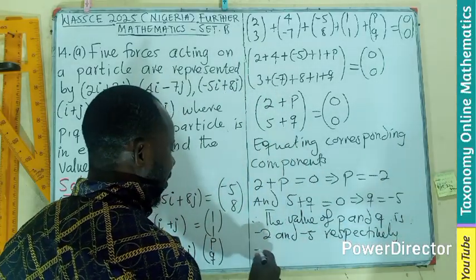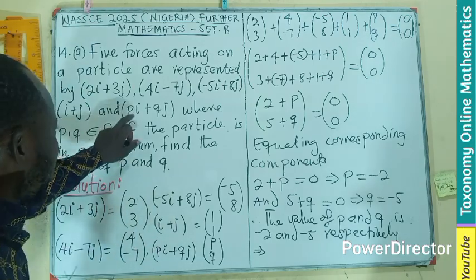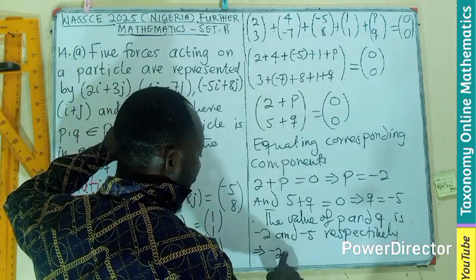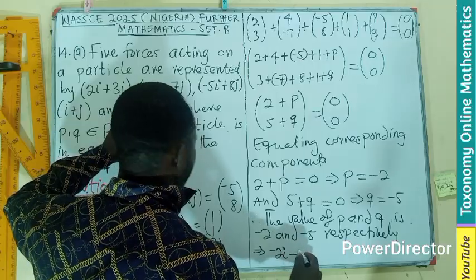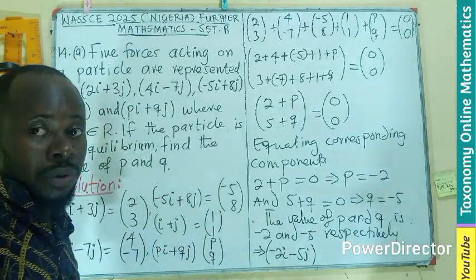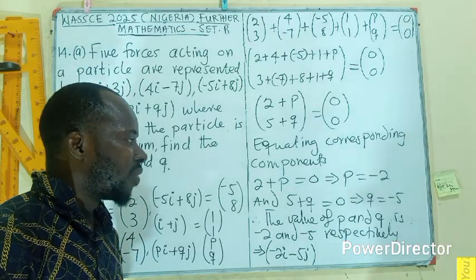That means that the fifth force will be negative 2i minus 5j. If we are to represent that particular force, it's going to give us this value.